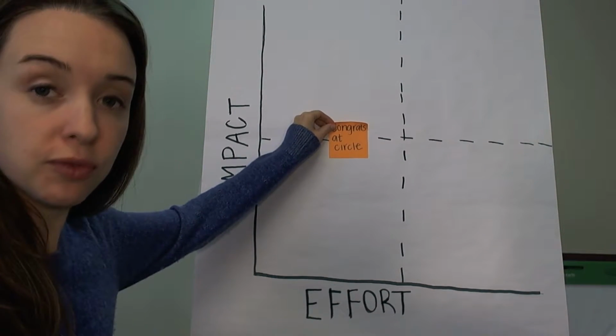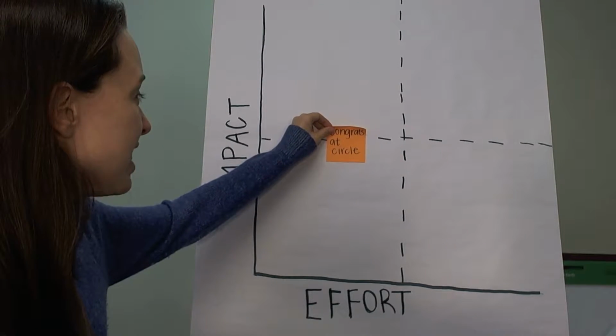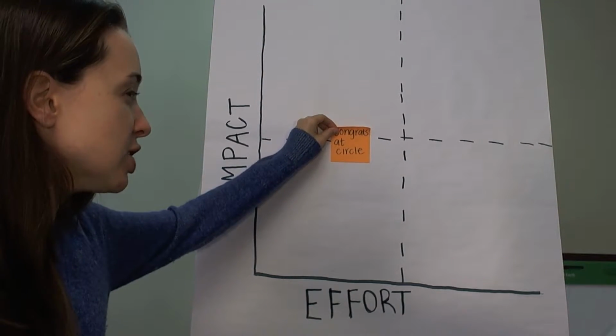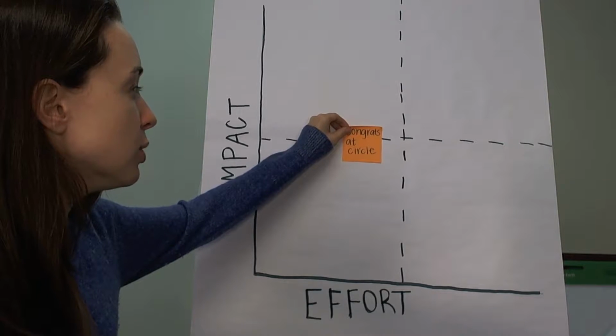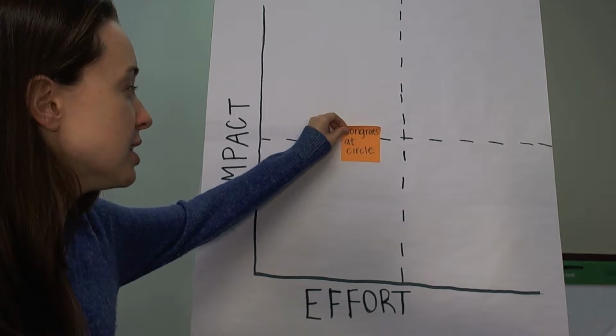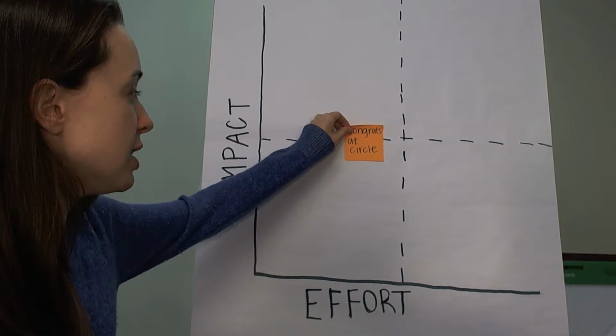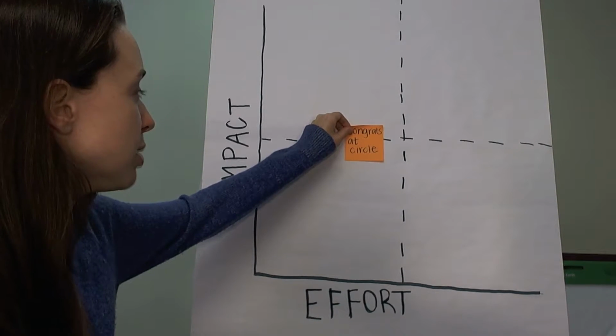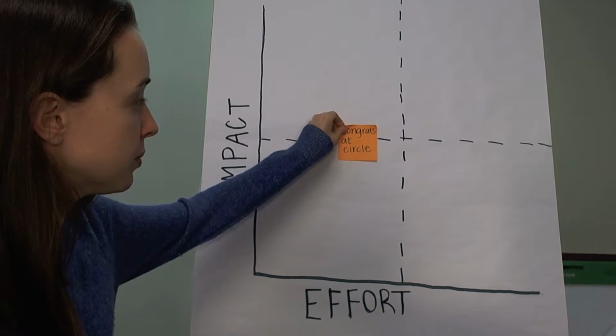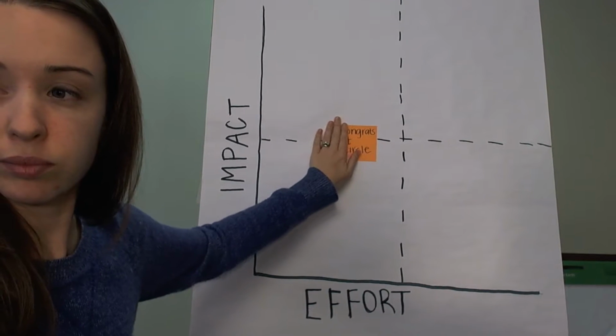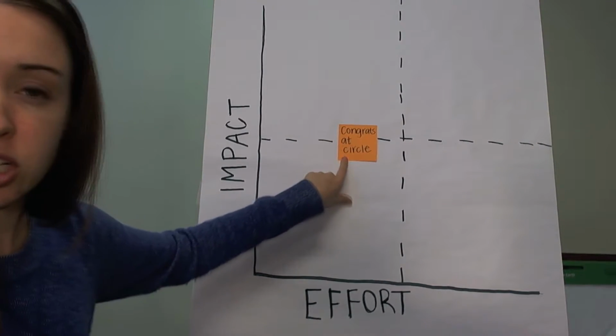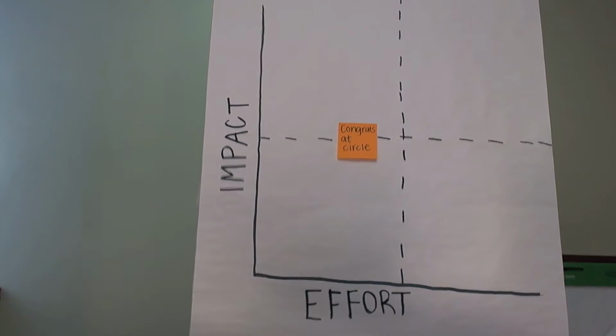The child will feel excited about it, and the effort's kind of low. We track attendance already, but we'll just have to make sure that we keep track of it, and maybe we'll just double check each Friday. So we'll put it here. It's kind of low effort, but still pretty low impact. So we're congratulating the children at circle time.